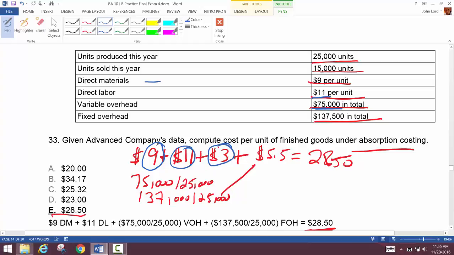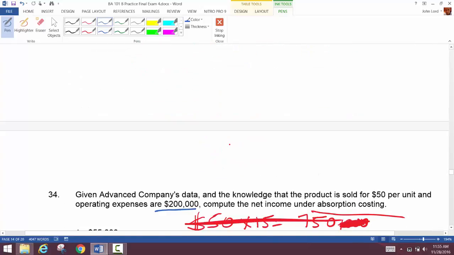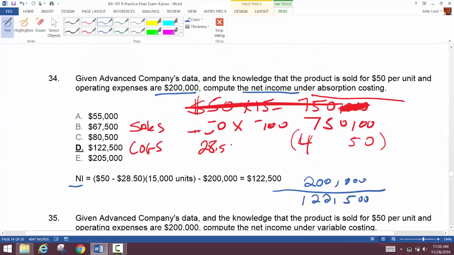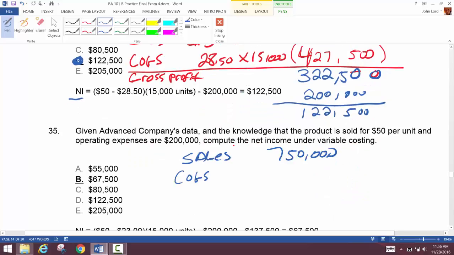And so that's where we got the 23. 9 plus 11 is 20 plus 3 is 23. Okay. So 23 times how many units? 15,000 units sold is going to give me what?